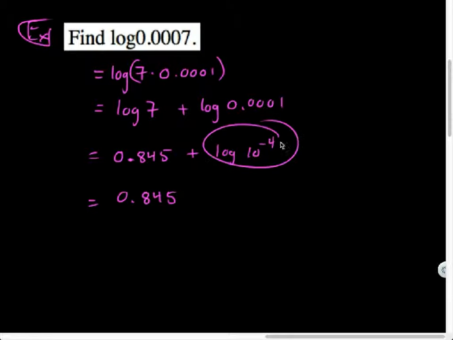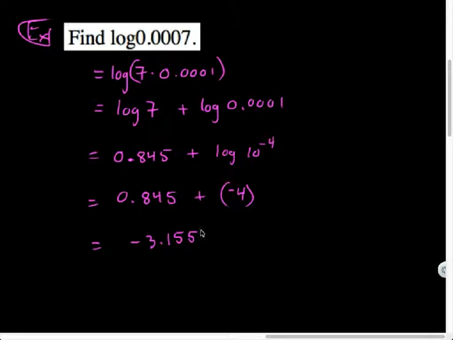And what do you think this is equal to? Ten to what power is 10 to the negative 4th? Negative 4. Yeah, it's just negative 4. And if I combine these, I actually get negative 3.155.